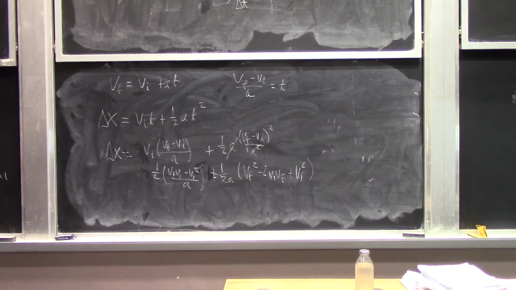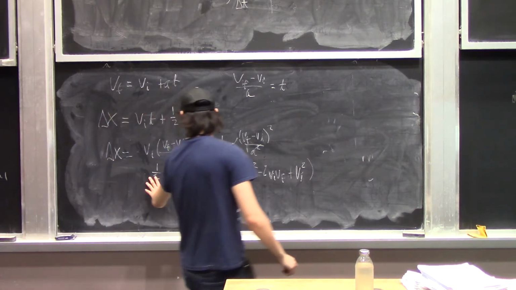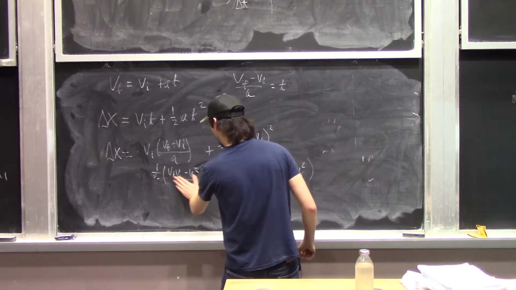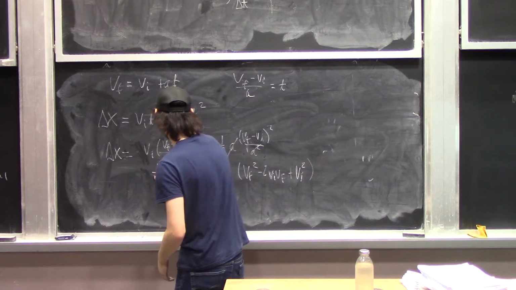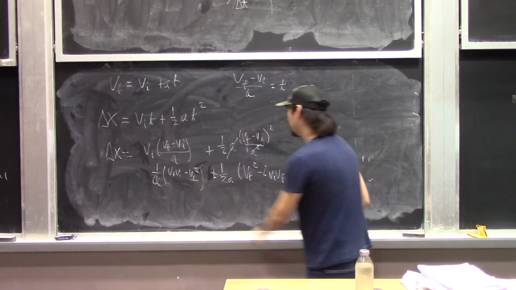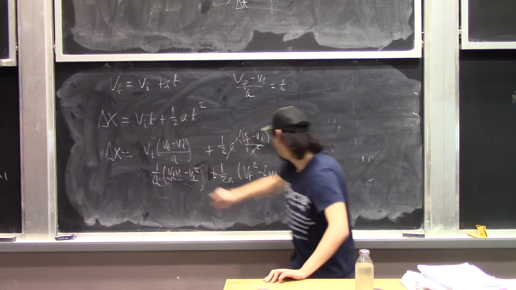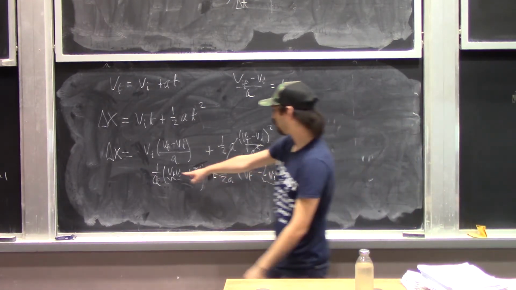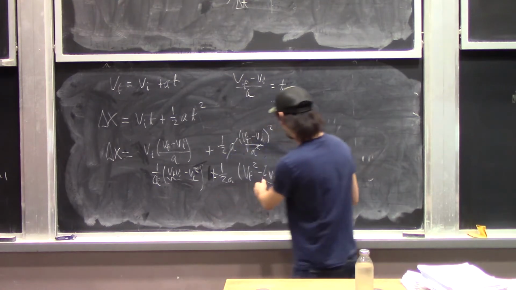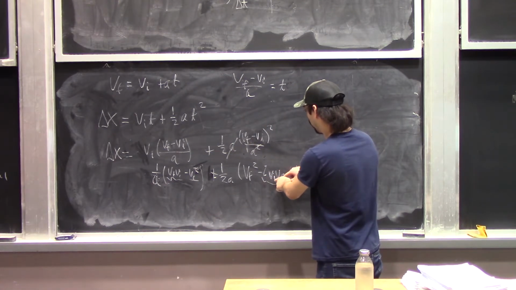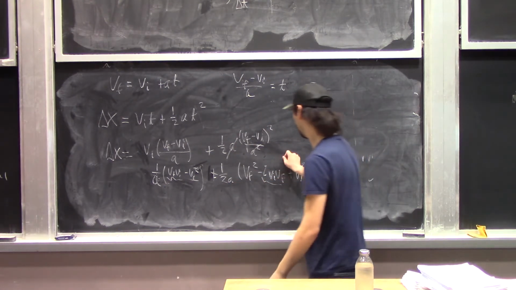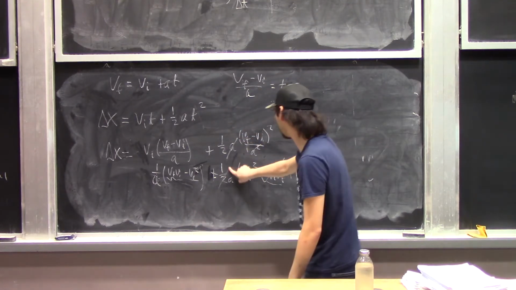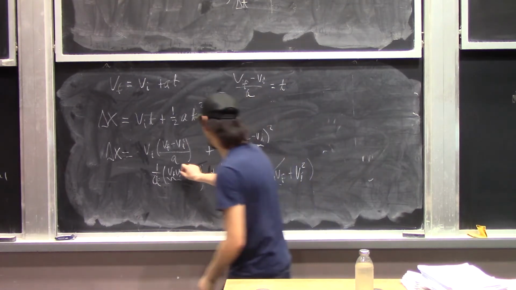Okay, so now when we look at this, I moved my A out already. This term and this term are going to cancel each other, because this is just VF VI over A and this is minus 2 VF VI over 2A. These ones go away, not the whole thing, but just this one and this one.